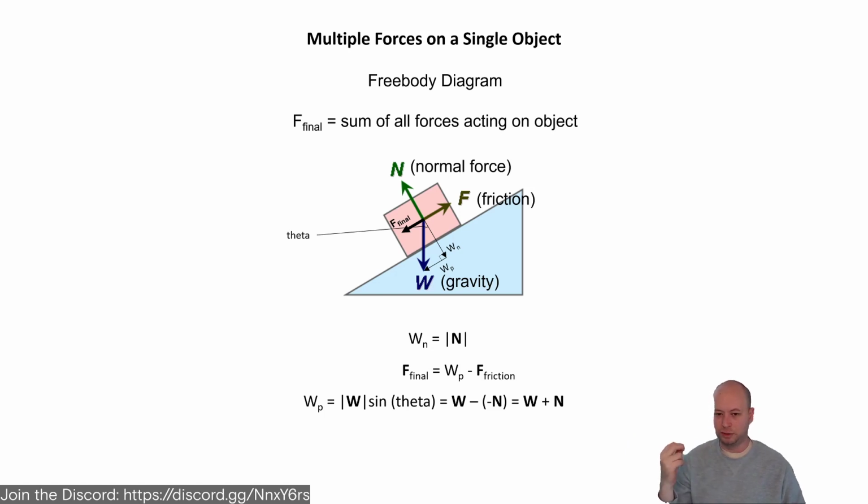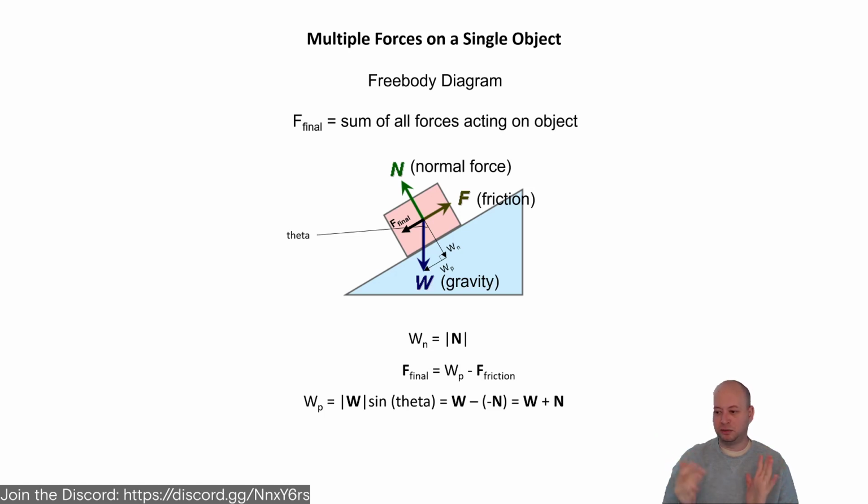We can actually get that component pretty easily by adding the normal force to the gravity force. But usually you don't have the normal force, you have to calculate it yourself. Either way, the weight of the force of gravity plus the normal force pushing it out is going to be Wp, and if we subtract friction from that, we'll see what the final force is.